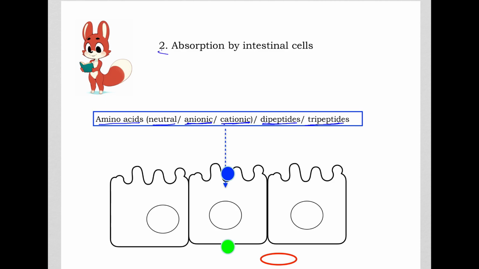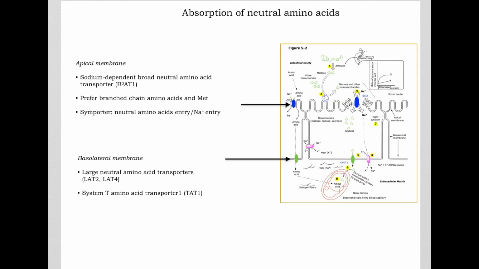And now we are ready for the next step, and that is the absorption of these chemicals into the intestinal cells. Let's first look at how the neutral amino acids are absorbed. There are several different proteins that are involved in the absorption of amino acids. So we'll talk about some of the major ones that have been identified.